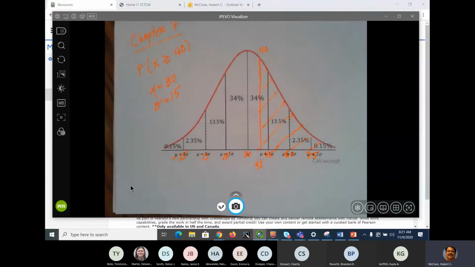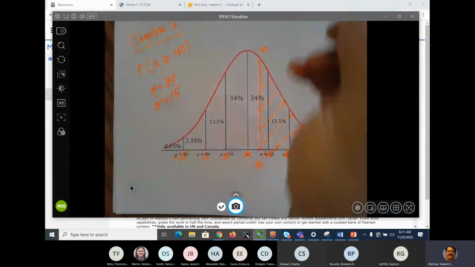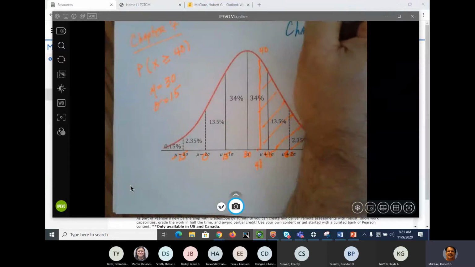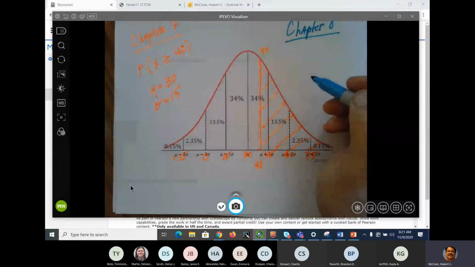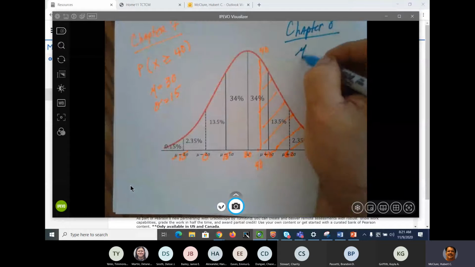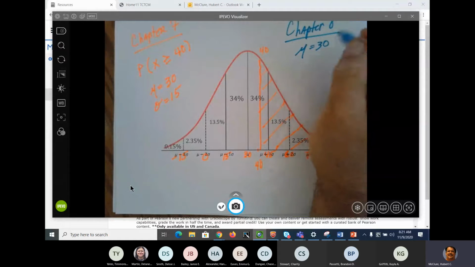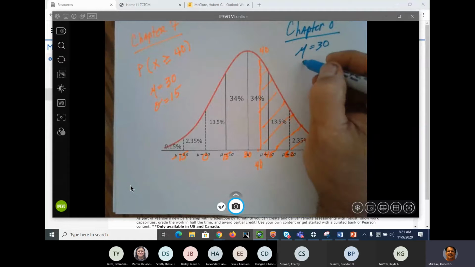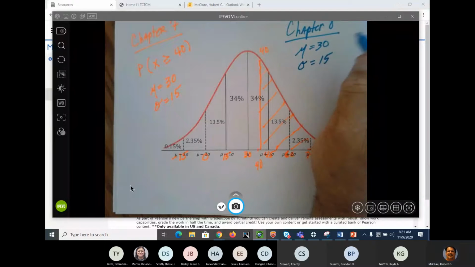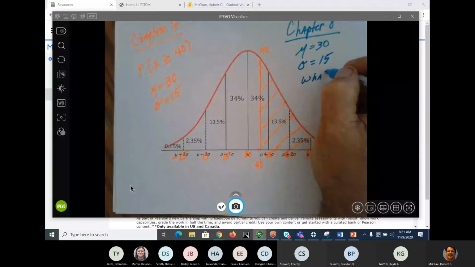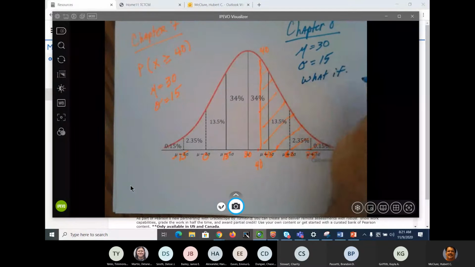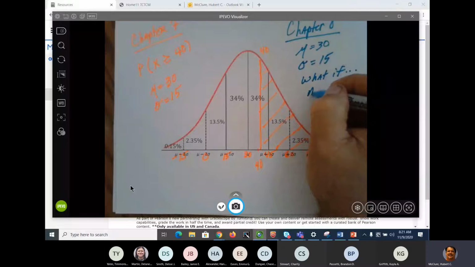All right, blue, chapter 8. They're going to throw something else in there. They're going to say mean is equal to 30, or they may throw an x bar, or something different, and they'll say standard deviation is 15. But then they're going to say, what if you pick 10 more people?